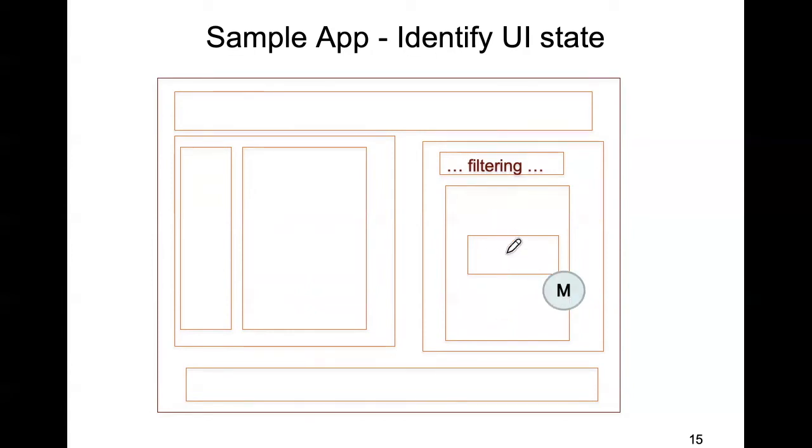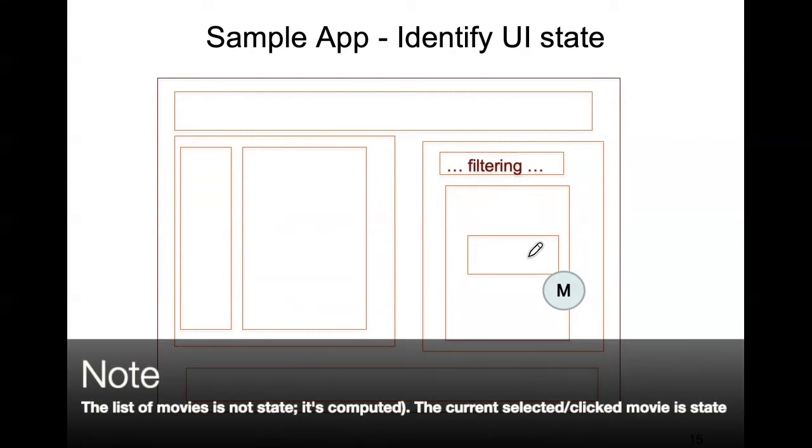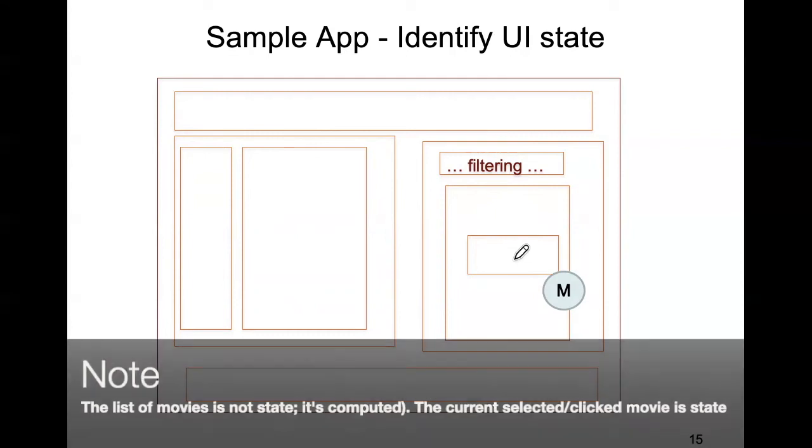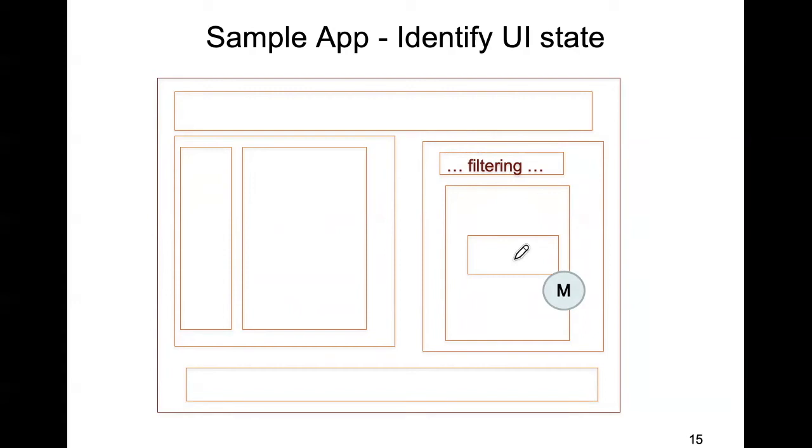And because the user can interact with any of the movies on the list, they can click them, by selecting them, then because we can interact with it, that is a candidate for state data. That's number 1.